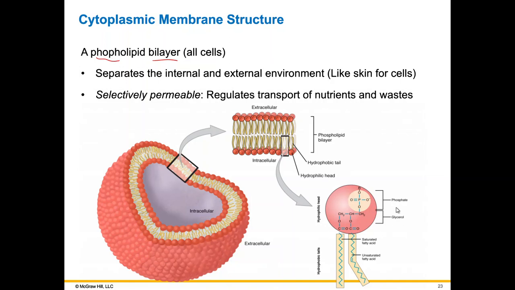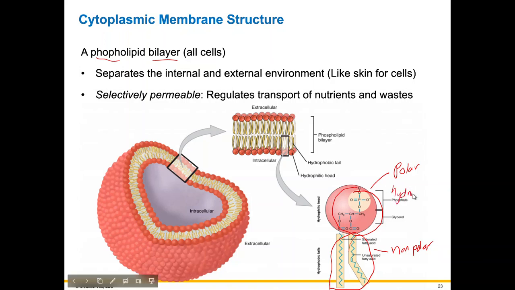We have what we'll call a phosphate group, and on the other end it has fatty acid tails. Interestingly, this side of the molecule is polar, and this side is nonpolar. We won't get into the details of what that means. If you took me for biology, you should know. But what I will say is polar things are hydrophilic, meaning they like water.